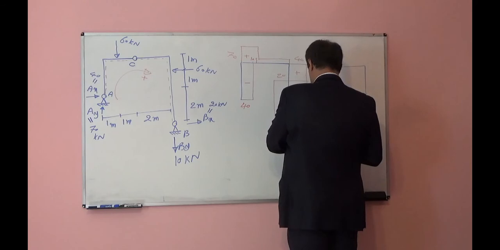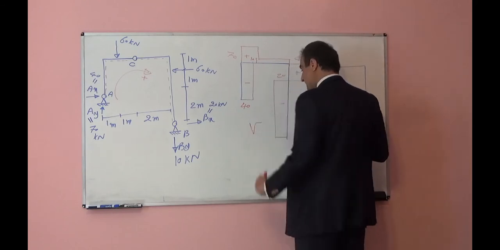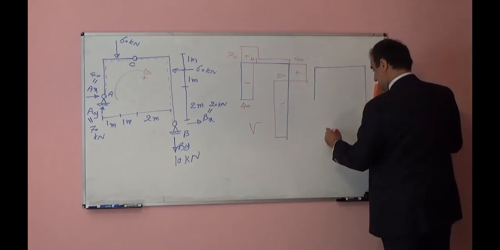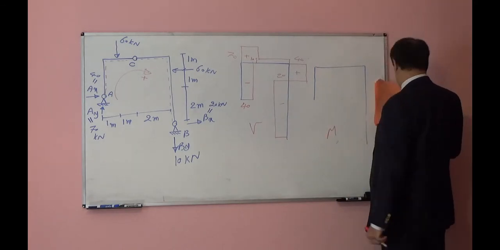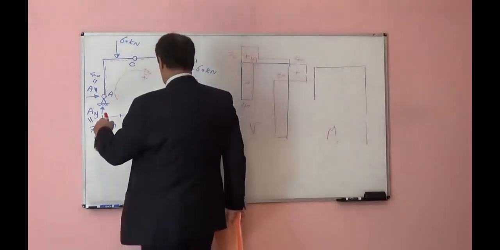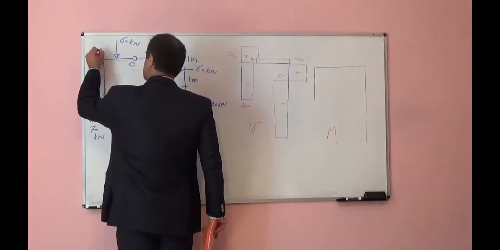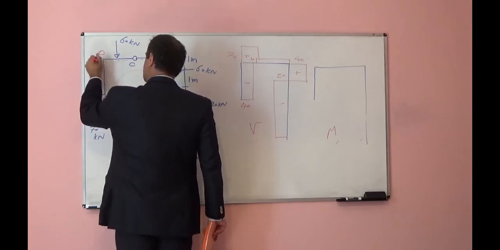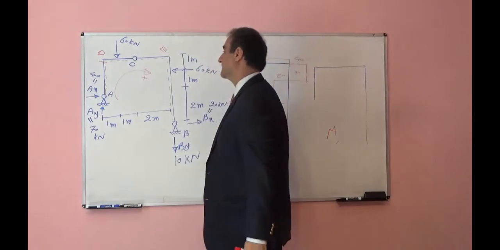Let's look at the moment diagram. This was shear V. Moment diagram M. Moment at joint A is 0 because it is hinged. If I move from A, B, C, D, E, if I move from A to D, just before D, if I cut it, what is the moment?